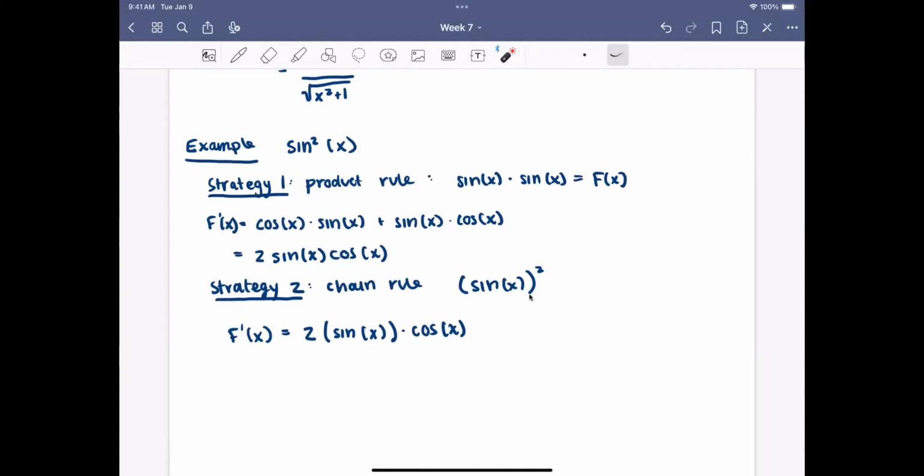Yeah, so this is 2 times this quantity, sine x cosine x. Okay, yeah. Are there other questions?